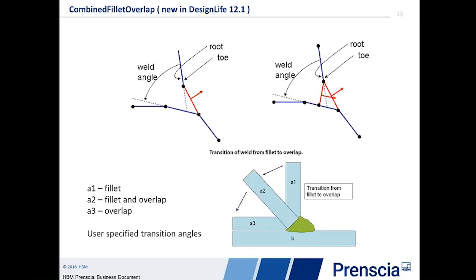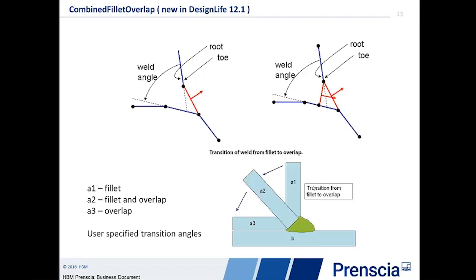One angle is the threshold between something that's 100% fillet and something that's in between, as we see here, this A2 configuration. And then a second angle is between this intermediate configuration and the overlap. The program will automatically go in, and the weld configurations that are a fillet weld, we solve as a fillet weld.